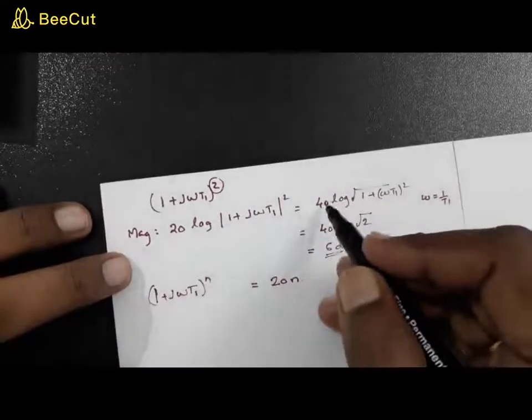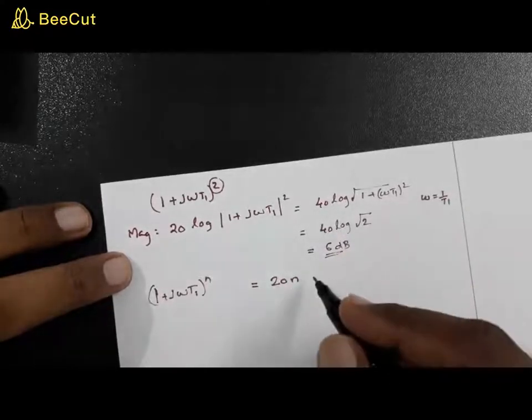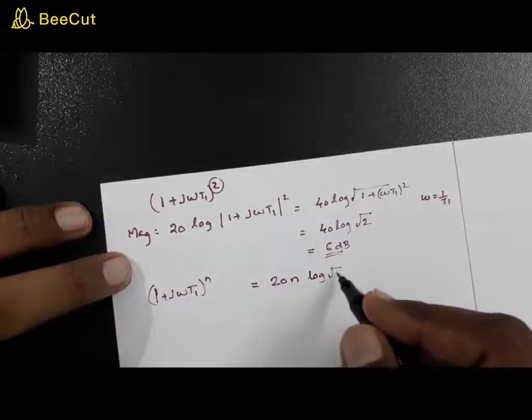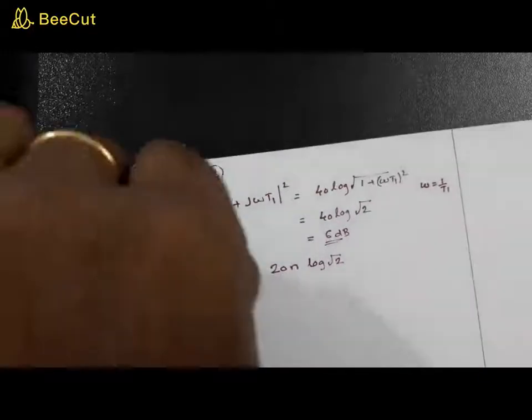Here it is 40, 20 into 2. So you can generalize this error as 20 n log root 2.